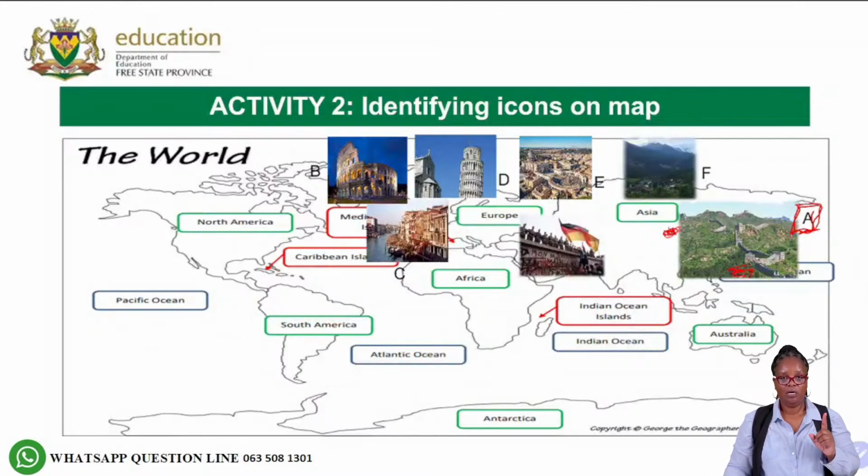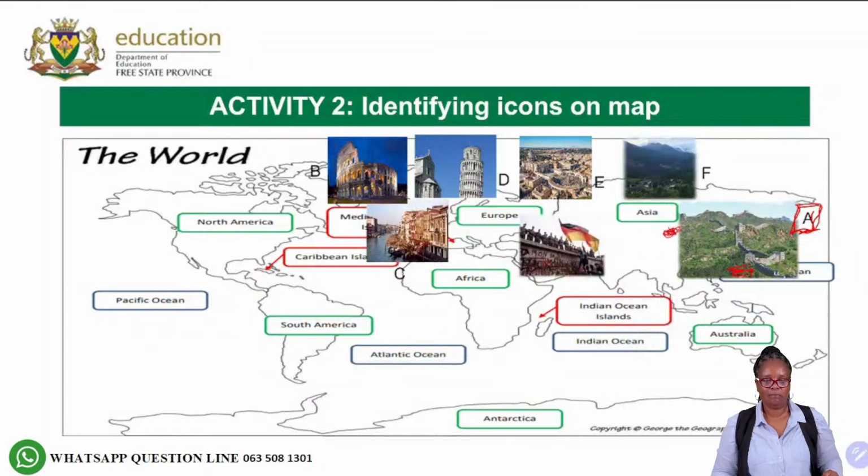And remember, correct spelling. I'm not going to change anything. Put the name to the picture. If you are given the picture, we have to know the name. If you are given the name, you have to think about the picture immediately. It will be easier for you to know.